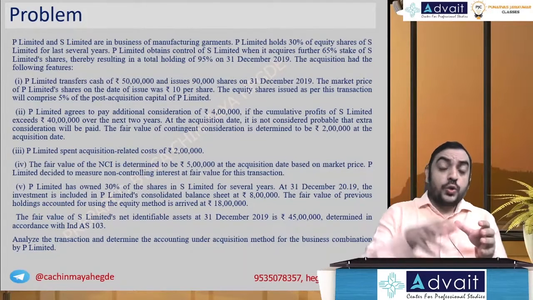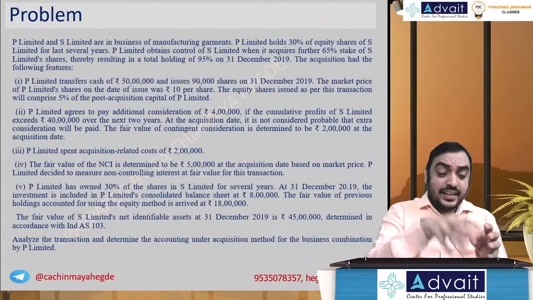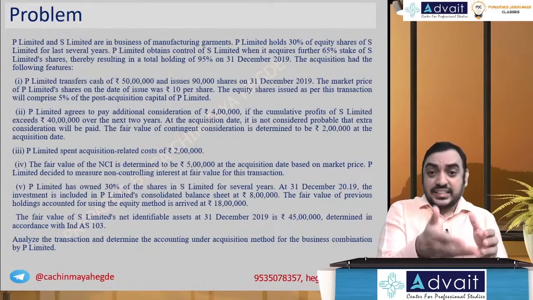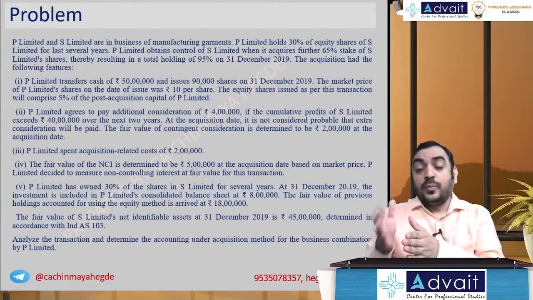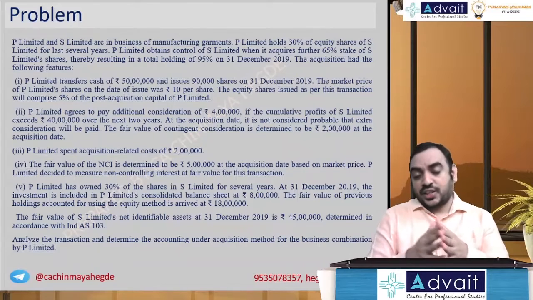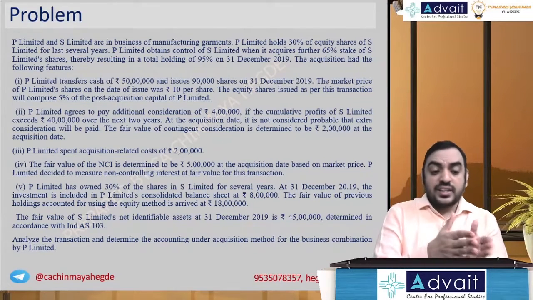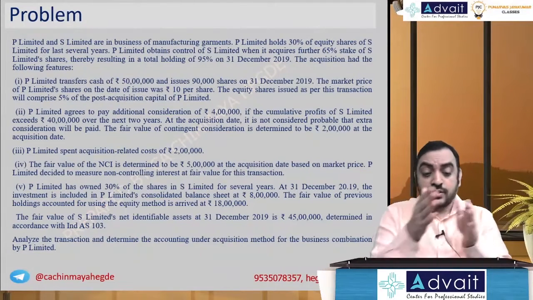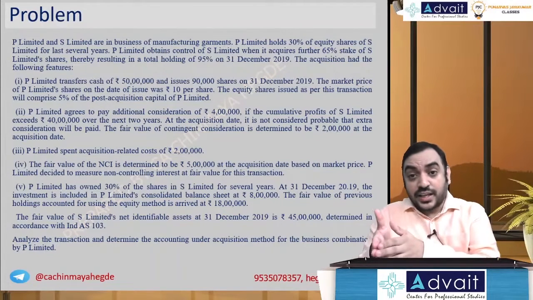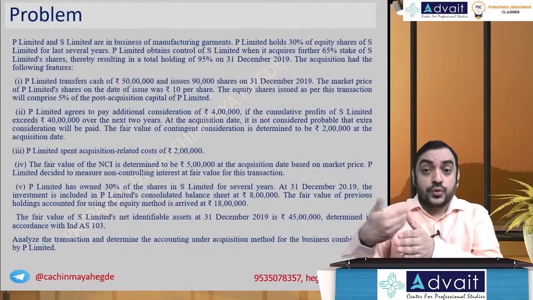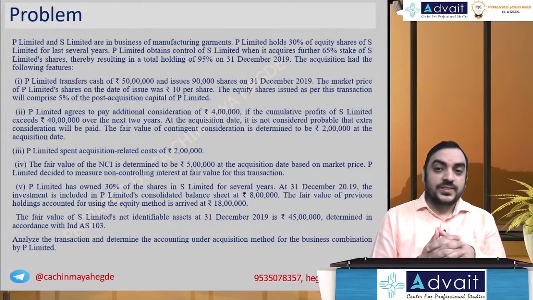If the control was obtained in the first situation, then on the first date itself you will be doing a consolidation, and on the second date it will be accounted as an equity transaction. But if you obtain the control in the second transaction, the first transaction will be just accounted as investment. The second transaction is where you start the consolidation process.